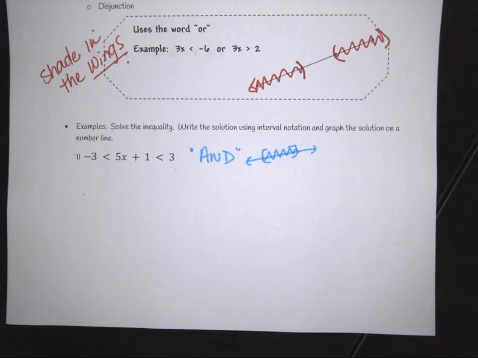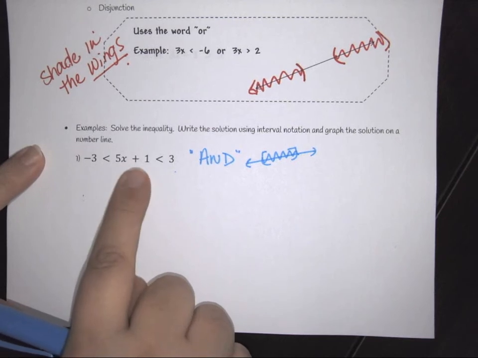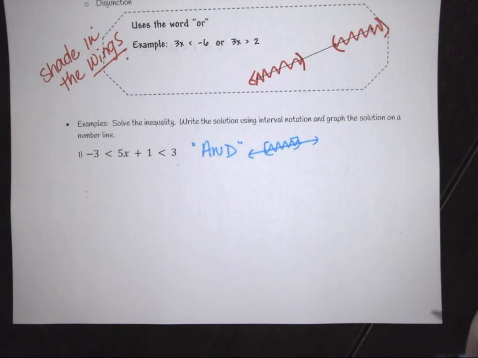To solve the equation, I need to get x totally by itself in the center. And right now, it's got partners. The x is like a candy bar, and you have to unwrap the wrappers in order to get to that candy bar.